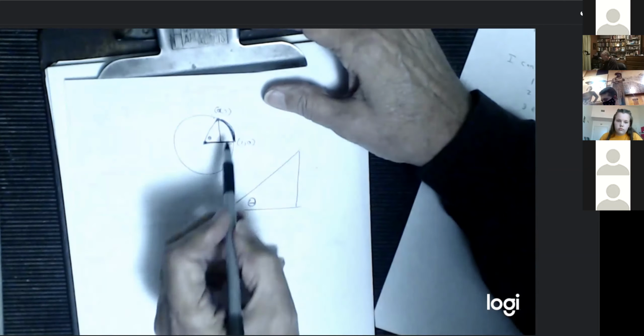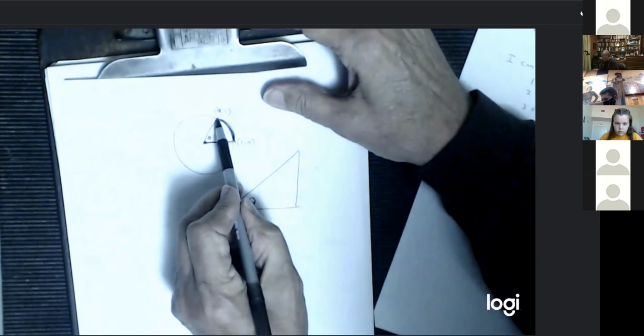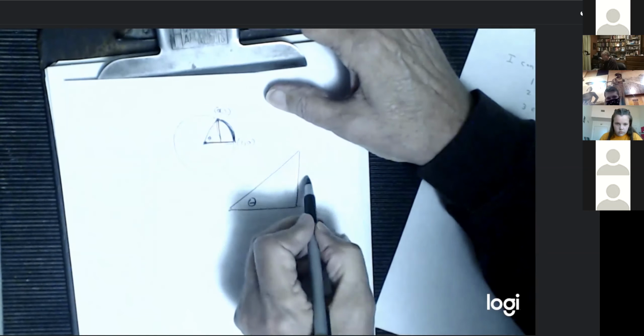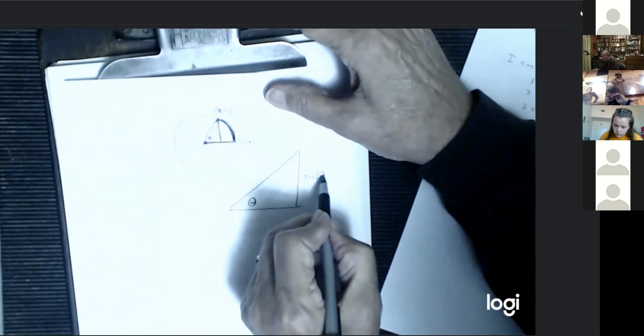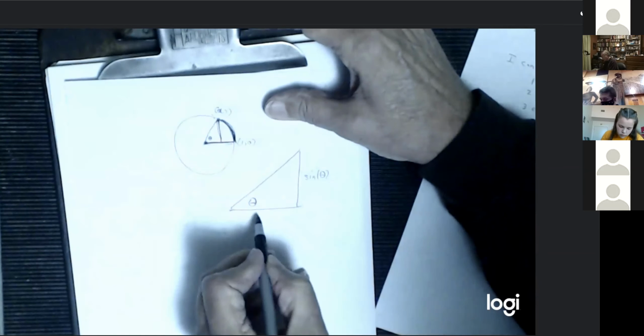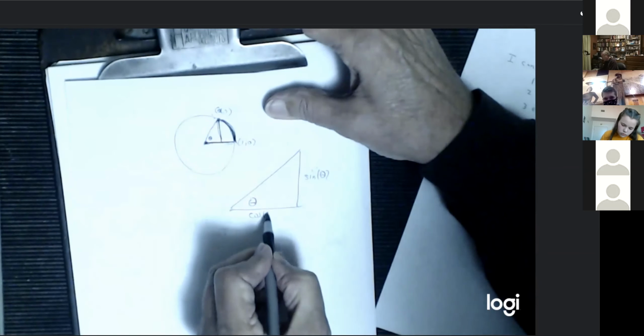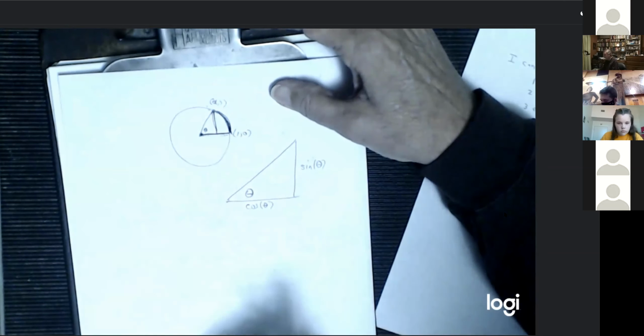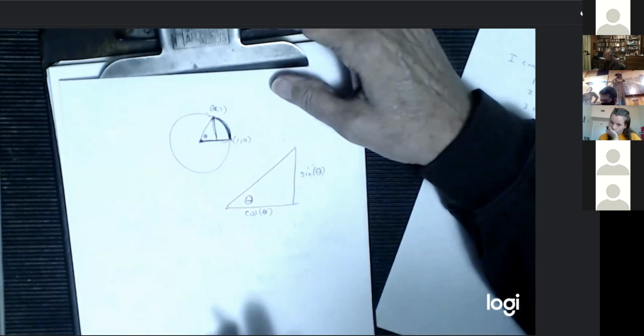Now, you start at 1, 0 and you go up and you stop at some point. Now, the vertical height, that's the sine of the angle. And the horizontal is the cosine of the angle. And that's how the trigonometric functions are defined.